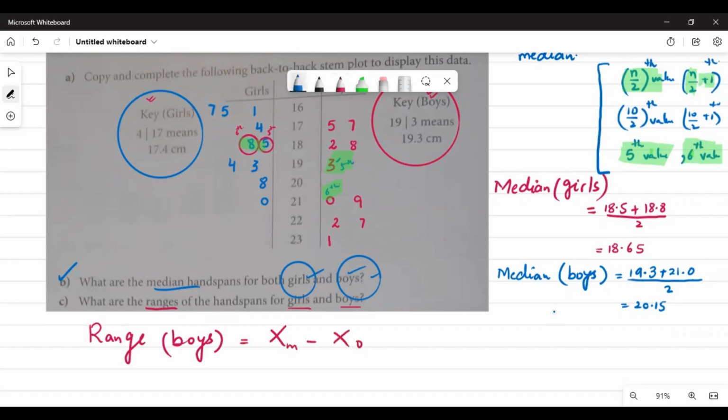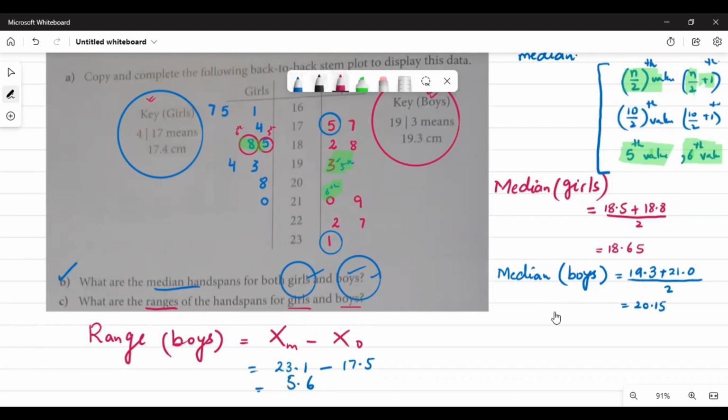When you substitute the values, xm is the maximum value. In the boys' data, my maximum value is 23.1, and x naught is the least one, 17.5. 23.1 minus 17.5. If I subtract, my answer is 5.6.